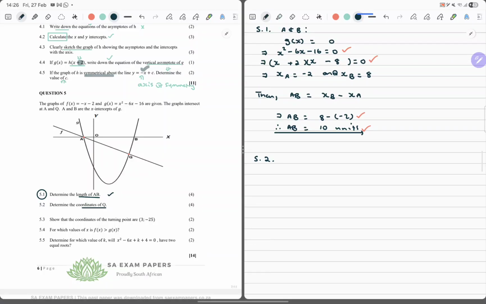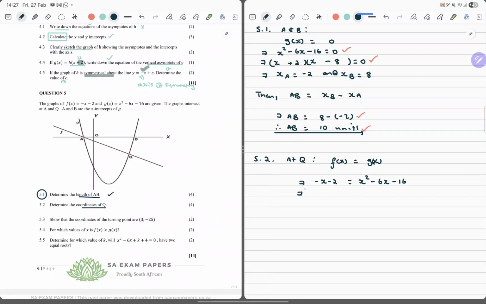So already we know the coordinates of A. So we know that, folks, at Q, f(x) is equal to g(x), isn't it? Those two graphs are equal. So this implies that -x - 2 = x² - 6x - 16.